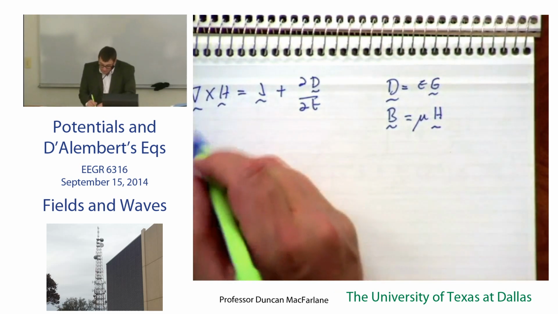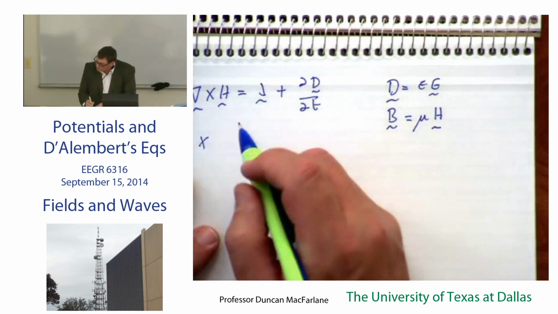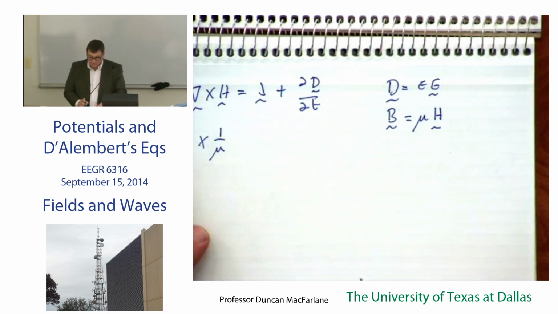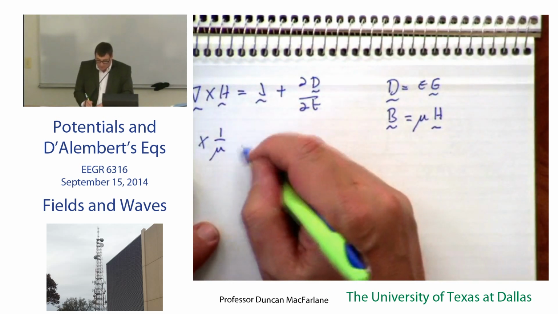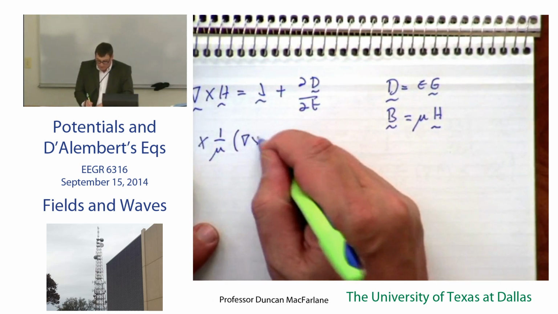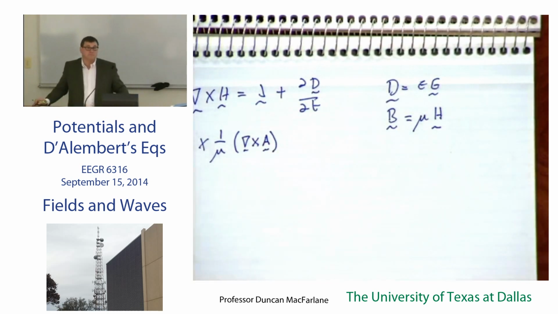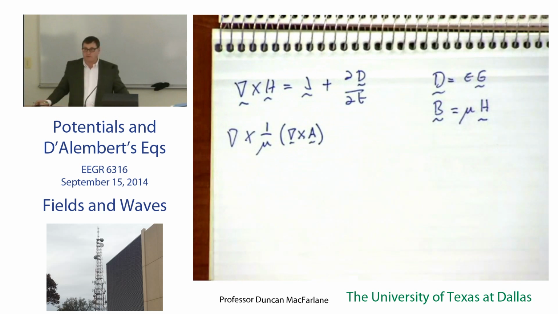So I will have the curl of 1 over mu times B, but I'm going to go ahead and write that as the curl of A, kind of skipping some steps.